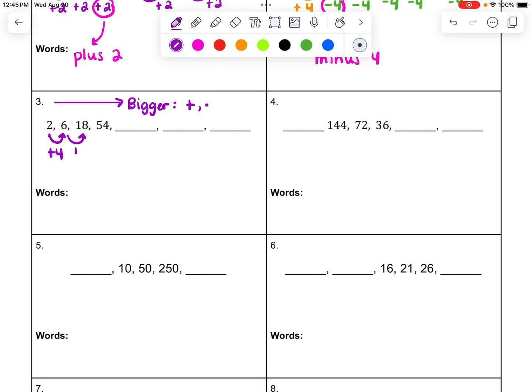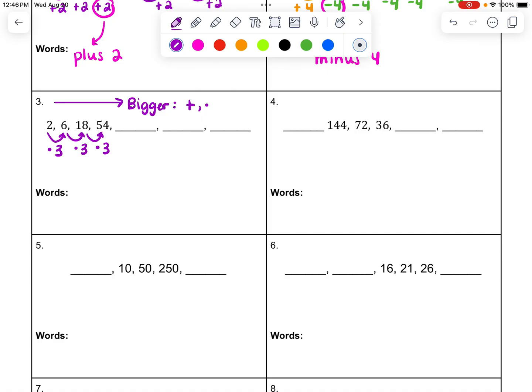But if I plus 4 again, I do not get 18. So plus cannot be my pattern. To go from 2 to 6, another way is to multiply by 3. So if I multiply by 3 again, I get 18. Multiply by 3 again, I get 54.